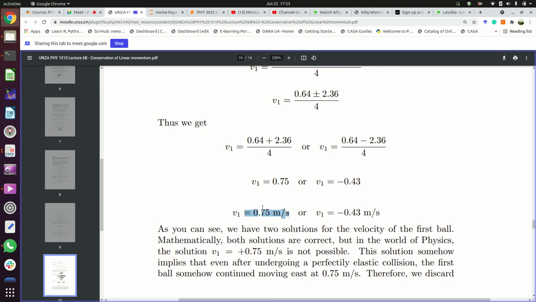Are we clear? v1 equals 0.75 meters per second does not make physical sense because it's not possible for the first mass to collide with the second mass and continue moving eastwards as if nothing has happened. Are we clear?